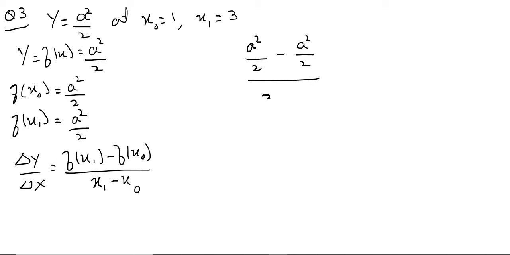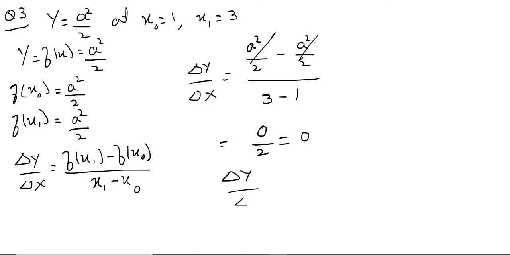So 3 minus 1, this is 2. So delta y by delta x, this is cancelled, which is 0 over 2 is equal to 0. Delta y by delta x is equal to 0. Answer.